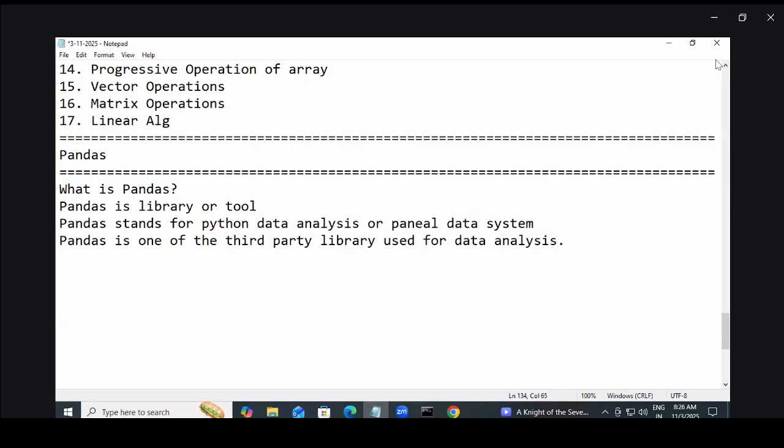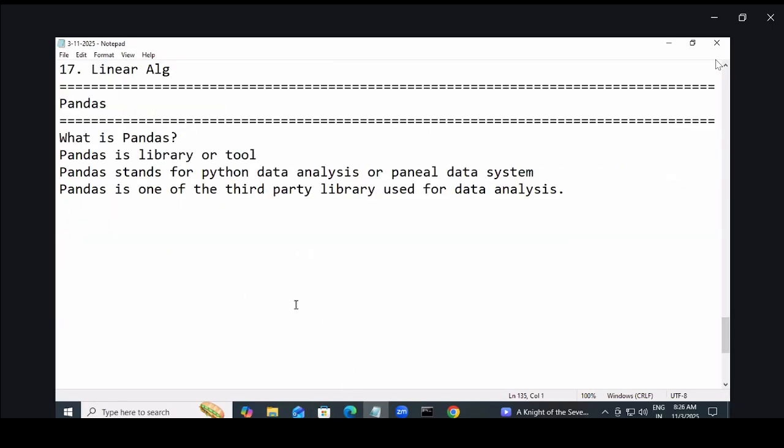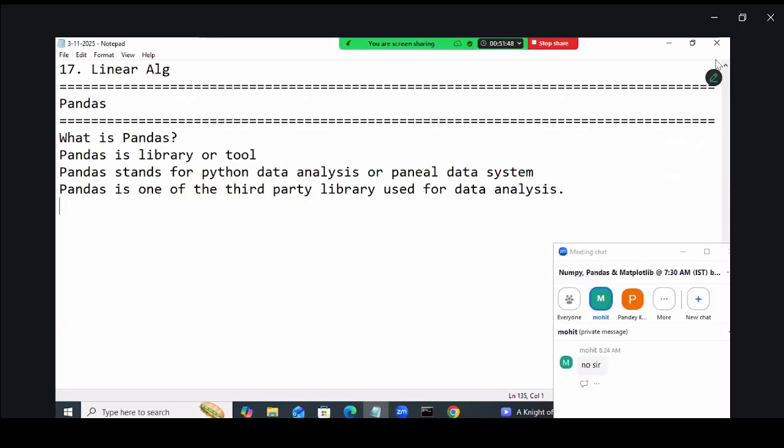Data analysis means as a data scientist or data analyst or business analyst, you perform certain operations on data. Data is very important here.